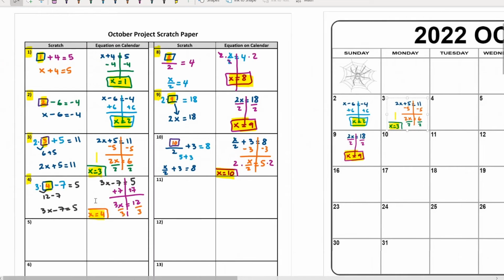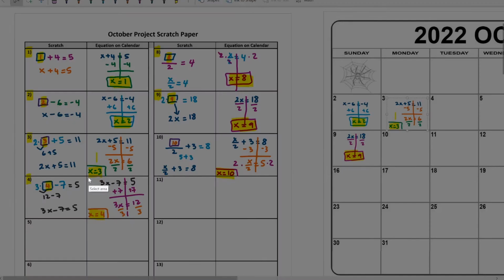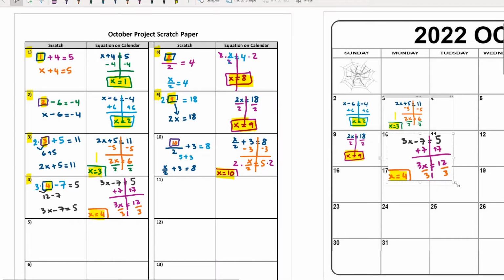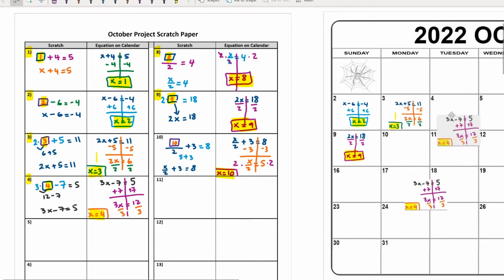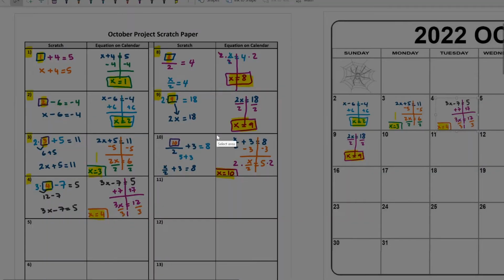And then what else do I have? I have 4 and I have 10. x equals 4. Okay, and then 10. All right, if you understand it, good, go for it.